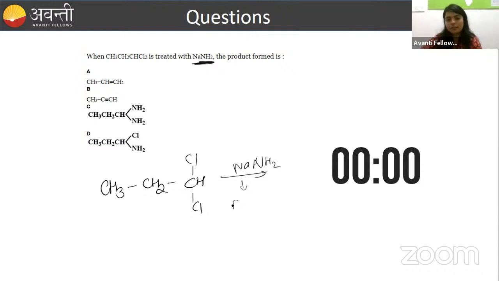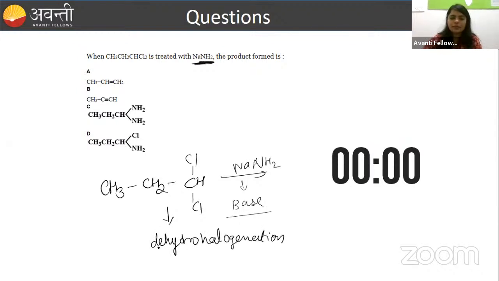NaNH2 will act as a base here, and it will remove hydrogen, leaving a negative charge, then it will move and your halide will be removed. So you will end up with the reaction called dehydrohalogenation. Okay, मतलब कि D मतलब removal, hydro मतलब hydrogen, halo मतलब halogen, and you will end up with the alkynes. Okay, so your right answer is alkyne.